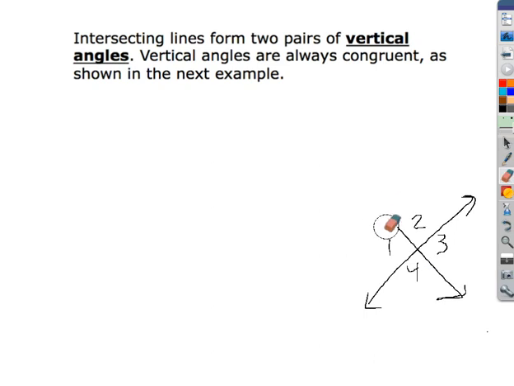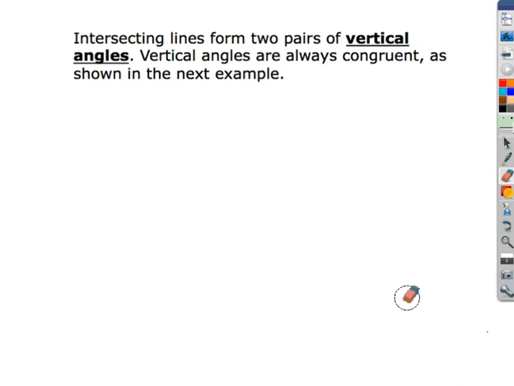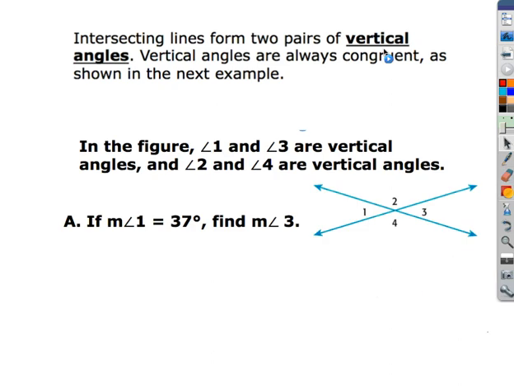I'm going to erase my picture because I think there's another one that comes up here. Yep, there we go. So in this figure, angle 1 and angle 3 are vertical, and angle 2 and angle 4 are vertical. And again, they're always the same measurement when they're vertical. So angle 2 is the same as angle 4. They're congruent.